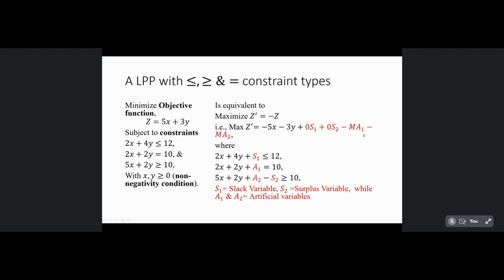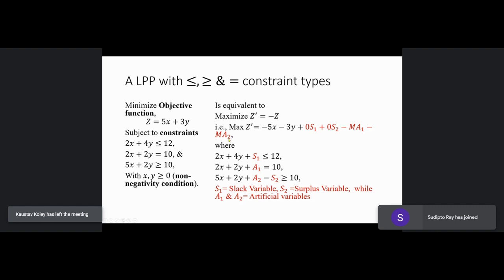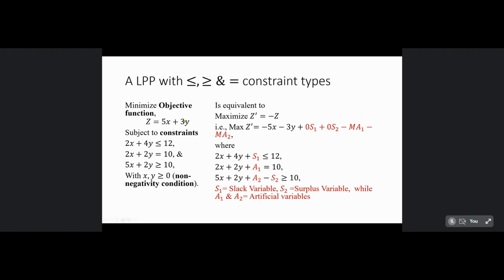M1 A1 or M2 A2, actually we wanted to spill out this A1 and A2, which doesn't have physical meaning, from this list of decision variables in the final state. So minus m and minus m here, they are very large negative numbers.